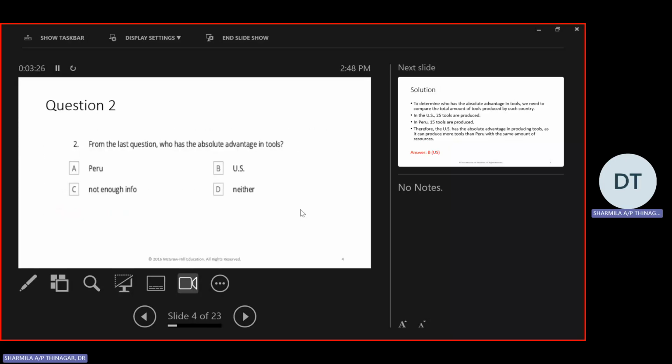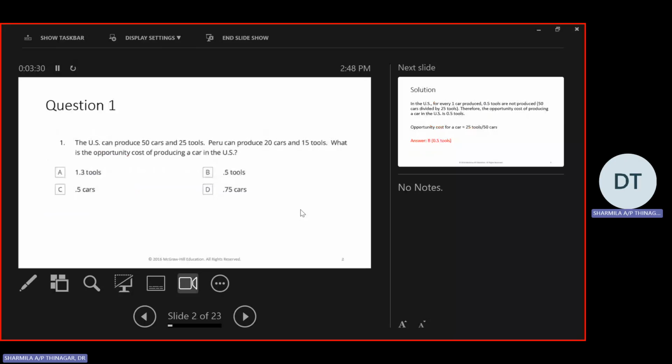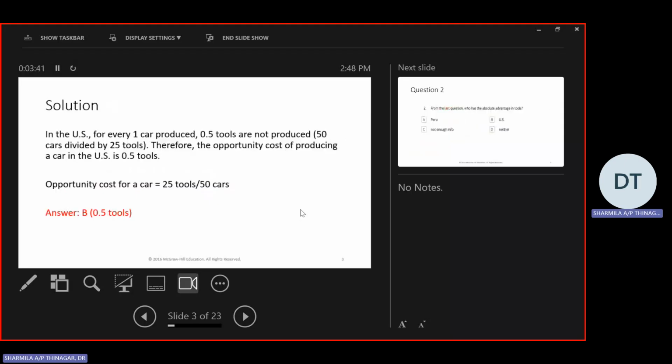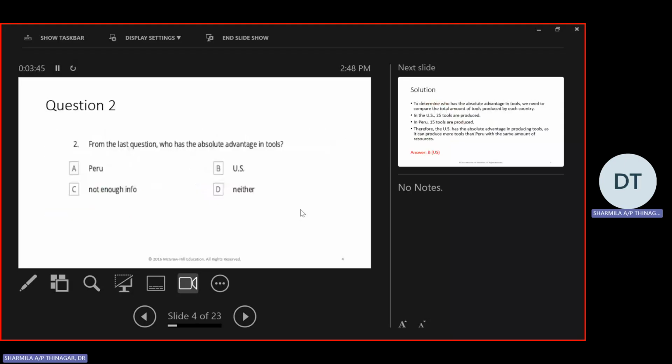Did you take a picture of this? Take a picture of this, because you'll be using the same information for the next upcoming questions. From the previous question, who has the absolute advantage in tools?